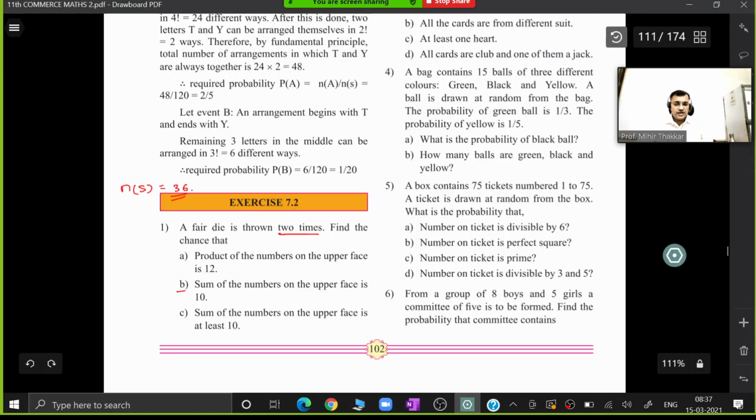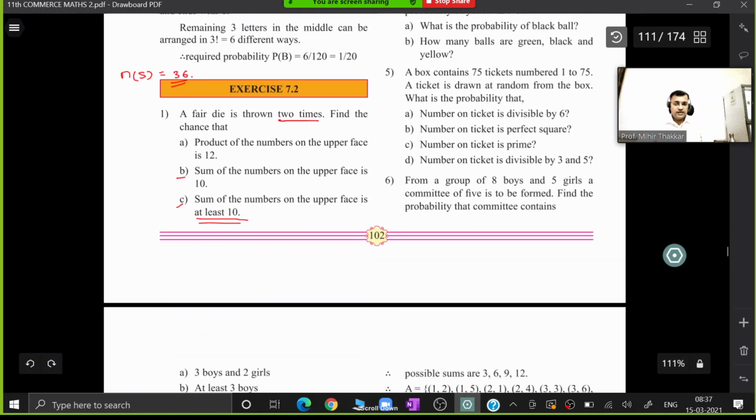In the third case, I require the sum of the numbers on the upper faces to be at least 10. Now what is at least 10? I require the total of minimum 10. When I say minimum 10, it can be 10 or more. So what are the possibilities?